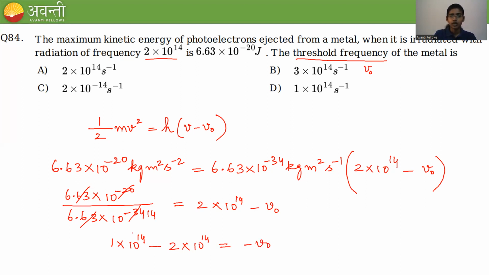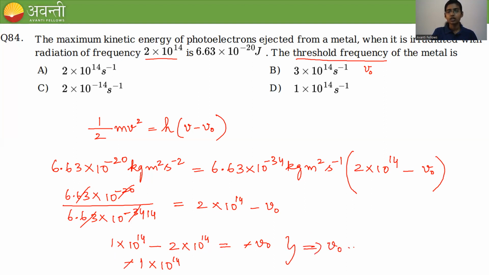And 1 into 10 power 14 minus 2 into 10 to the power 14 is nothing but minus 1 into 10 power 14, since 1 minus 2 is equal to minus 1, and it is equal to minus mu naught. So minus mu naught, minus minus gets cancelled. From this, what we are getting?